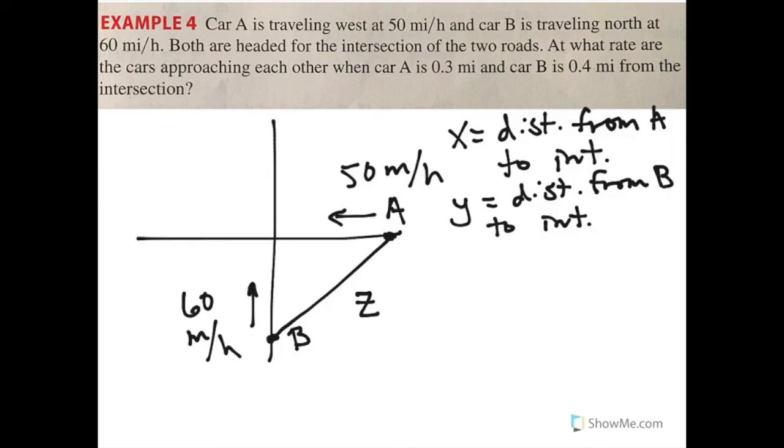Then Z is the distance between them. What we're trying to find at the end is dz dt.